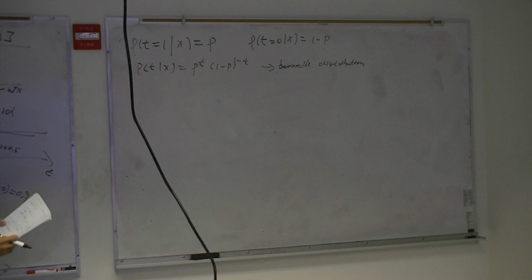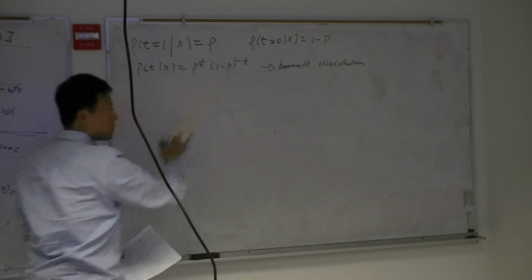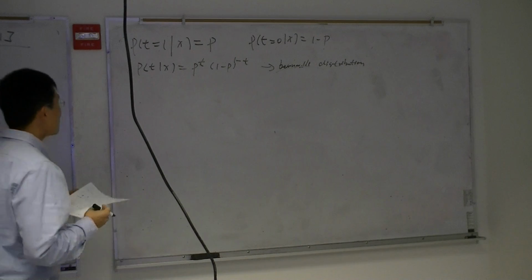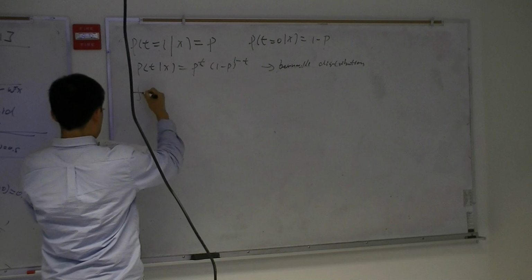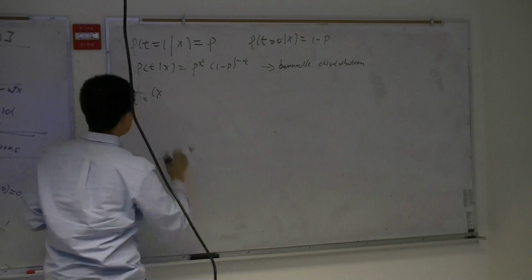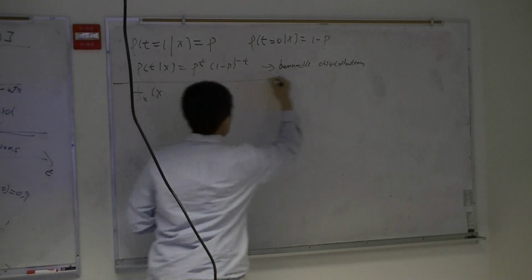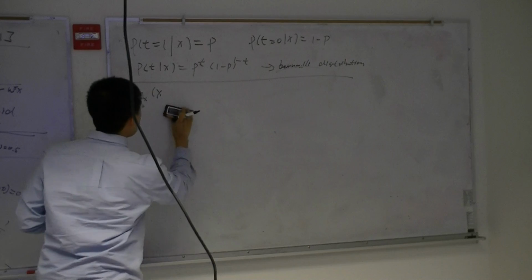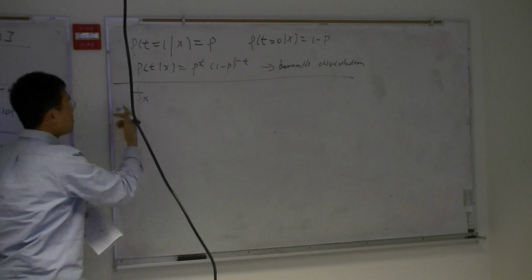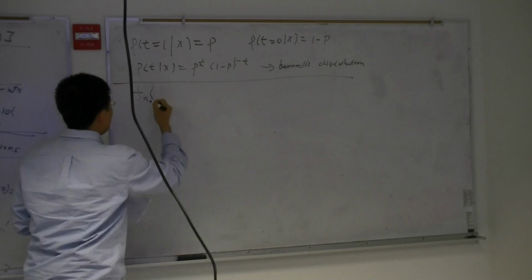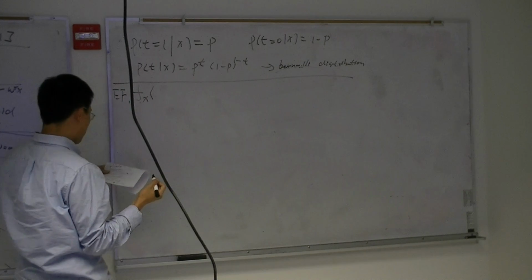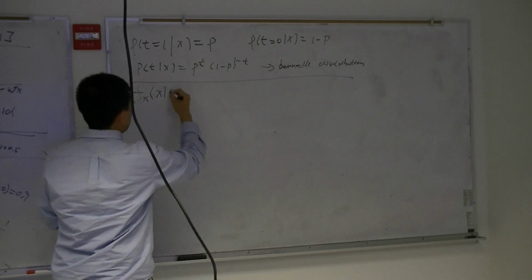So this is the Bernoulli distribution. Now if we express this Bernoulli distribution in the exponential family form, what's the exponential family? Suppose we have a function like this. Here x is a variable, it's not an observation here. And this is the exponential family, for x given some parameter theta.